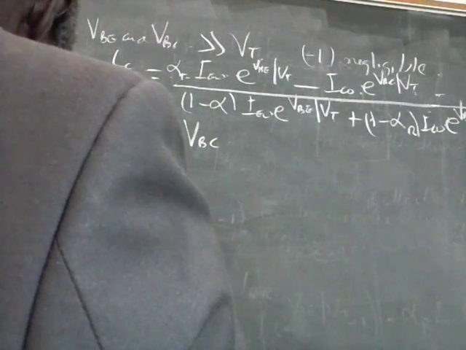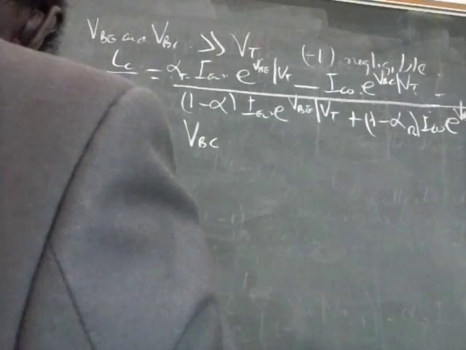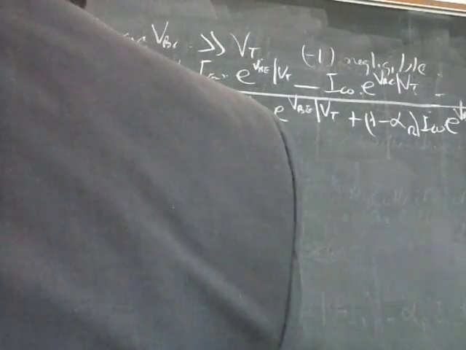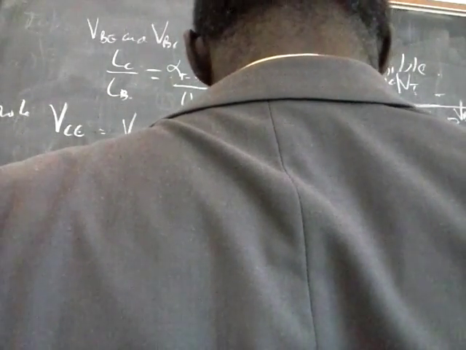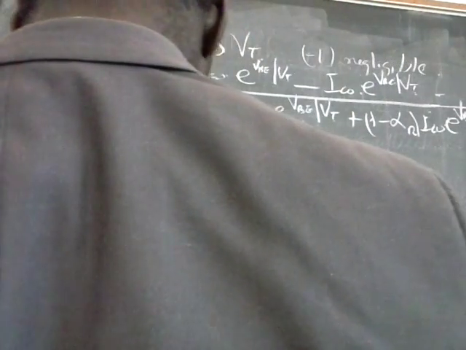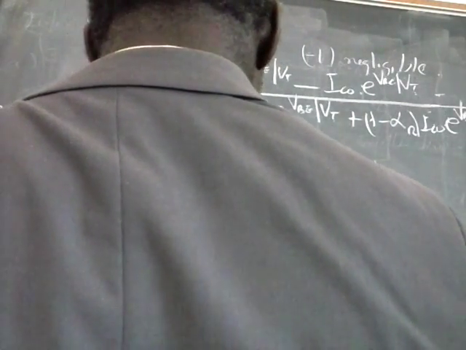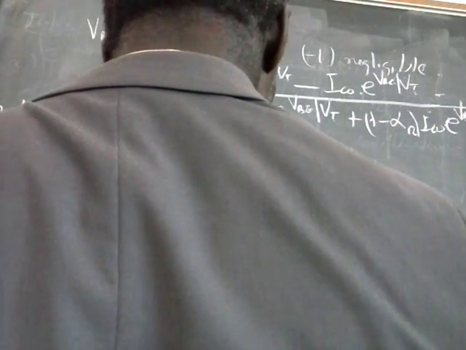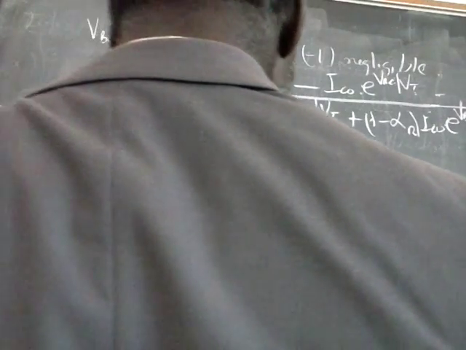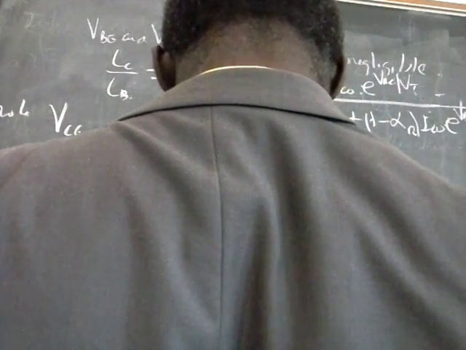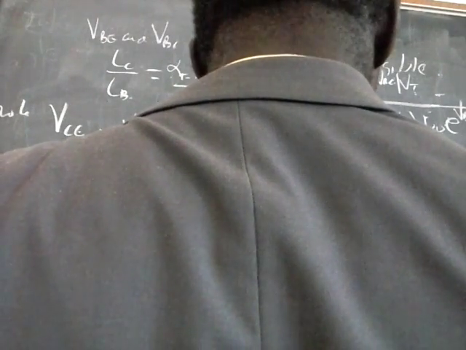And we see that now, but we can manipulate the equation to yield, after some algebraic manipulation, that IC over IB is equal to HFC times e to the VBC reverse over the collector-emitter voltage over VT plus HFE over HFC.